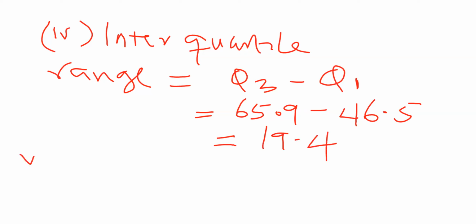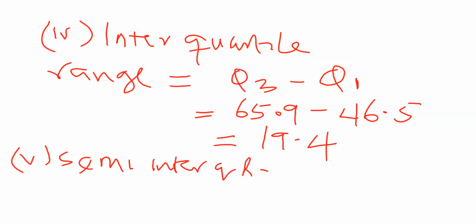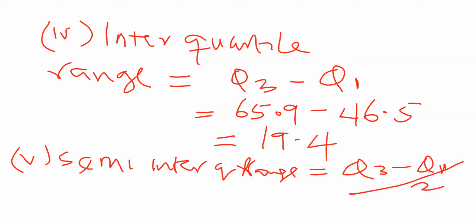Roman figure 5, which is the semi-interquartile range, will be equal to Q3 minus Q1 divided by 2.